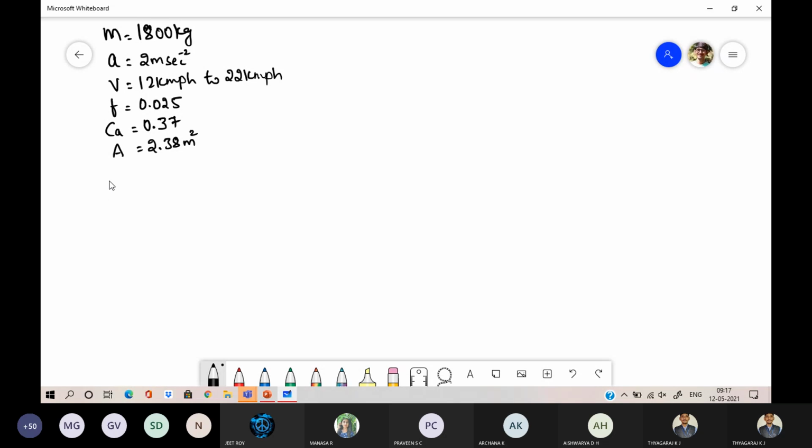Then the gradient they have given is 1.2%. This is the data they have given, right? Is there anything other than this?